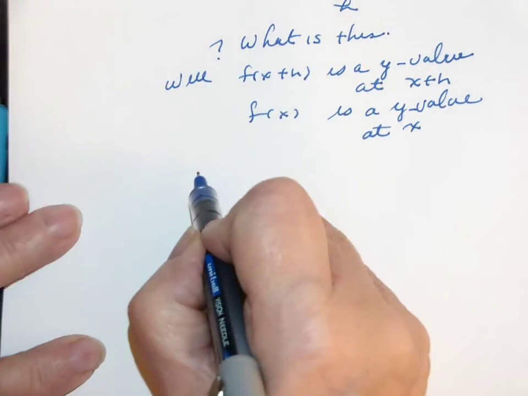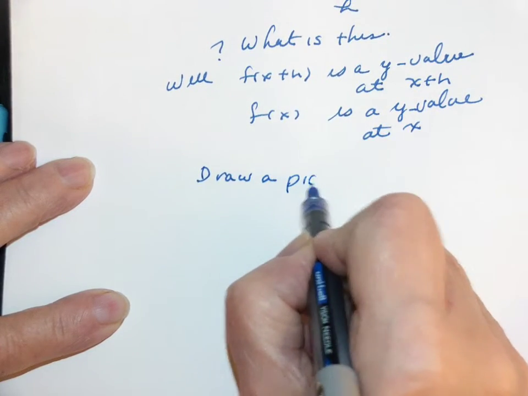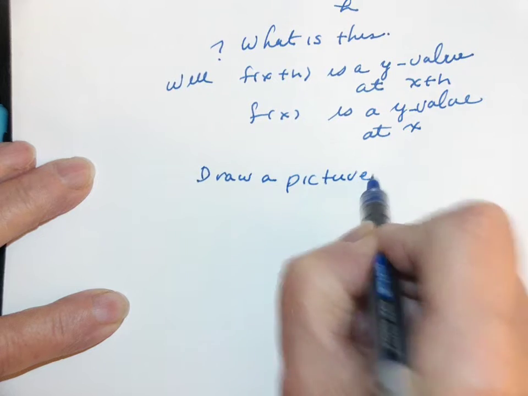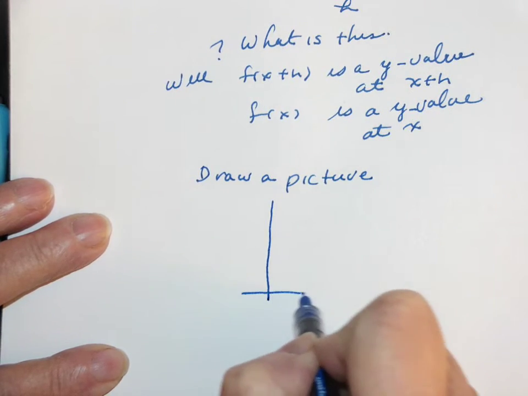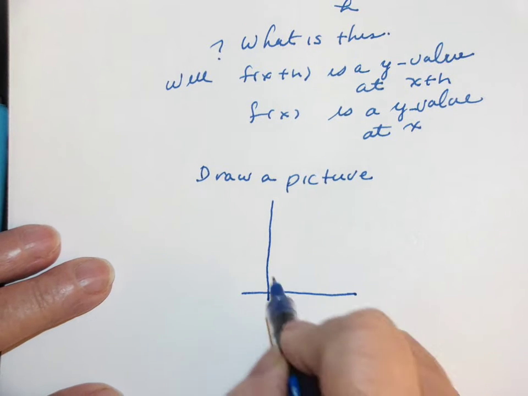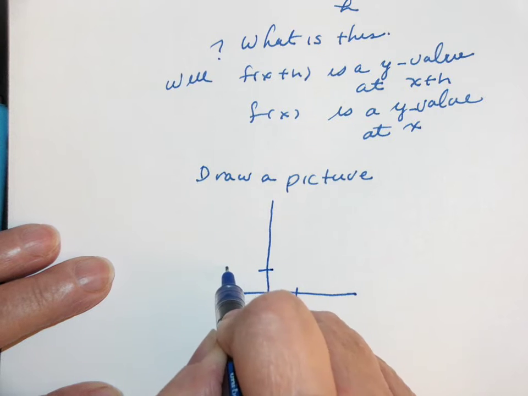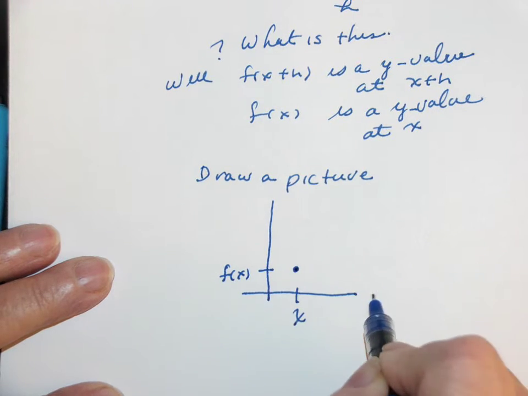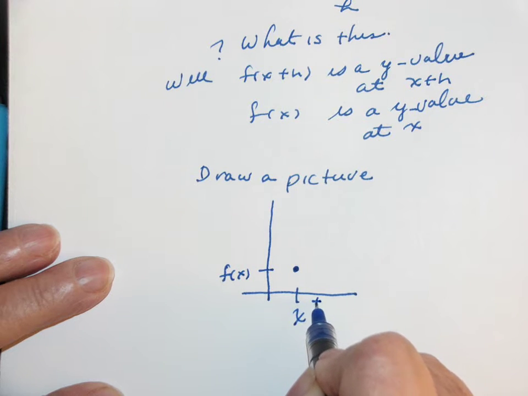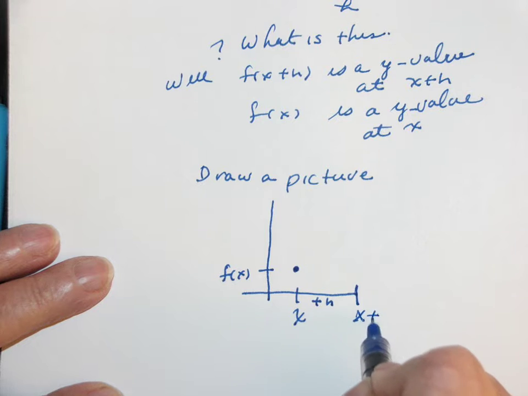So if I draw a picture, this is some x value, this would be some y value. If I add h to the x value, that takes me to x plus h.